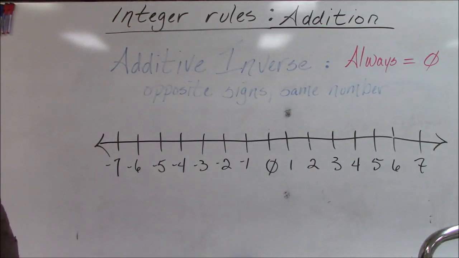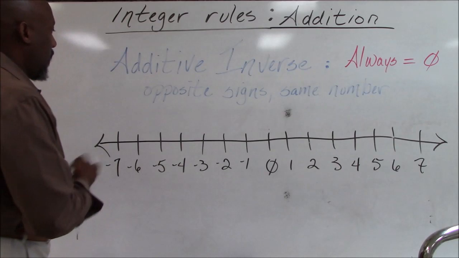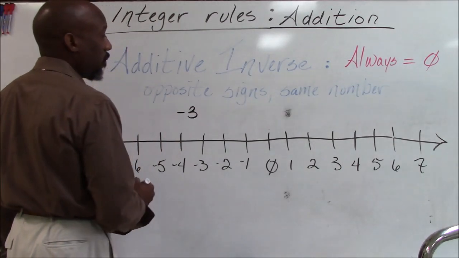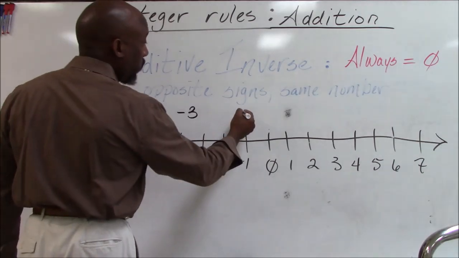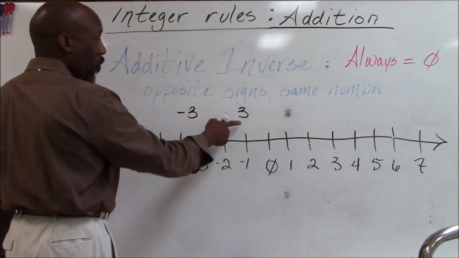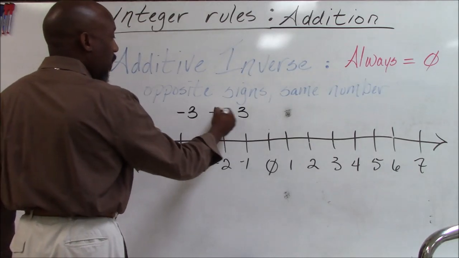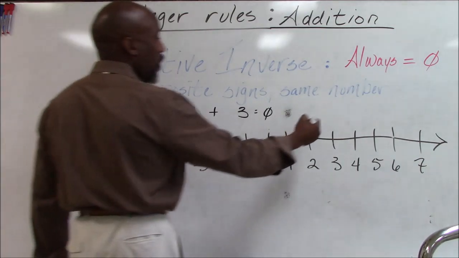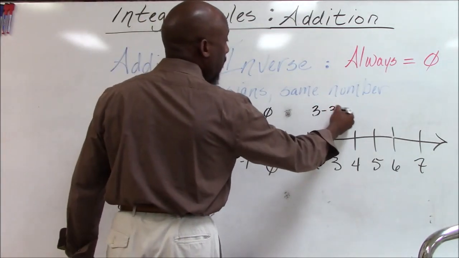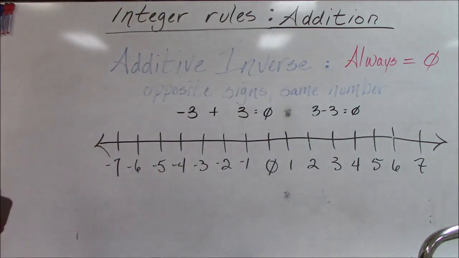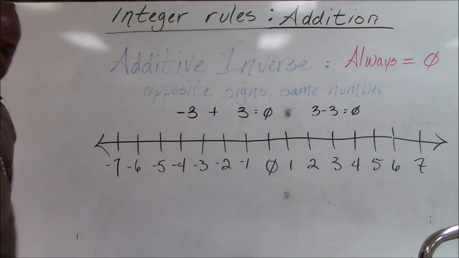So the additive inverse of negative 3 is 3. Opposite signs, one's negative, one is positive, added together, and if you don't believe me, let's rearrange the way we have it written. 3 minus 3 always equals 0. Additive inverse.